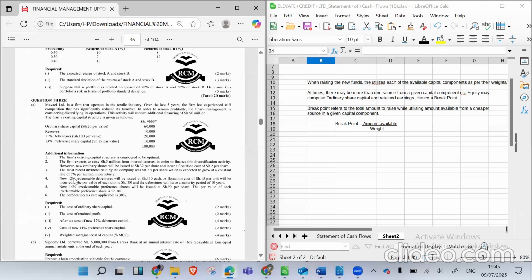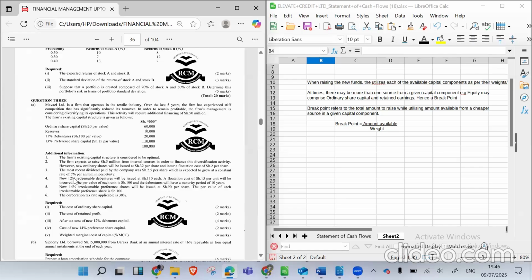The most recent dividend, you and I remember that to be D0. Historical, the dividend that has just been paid. For it to be D1, it must be expected: dividends payable in a year's time, futuristic.